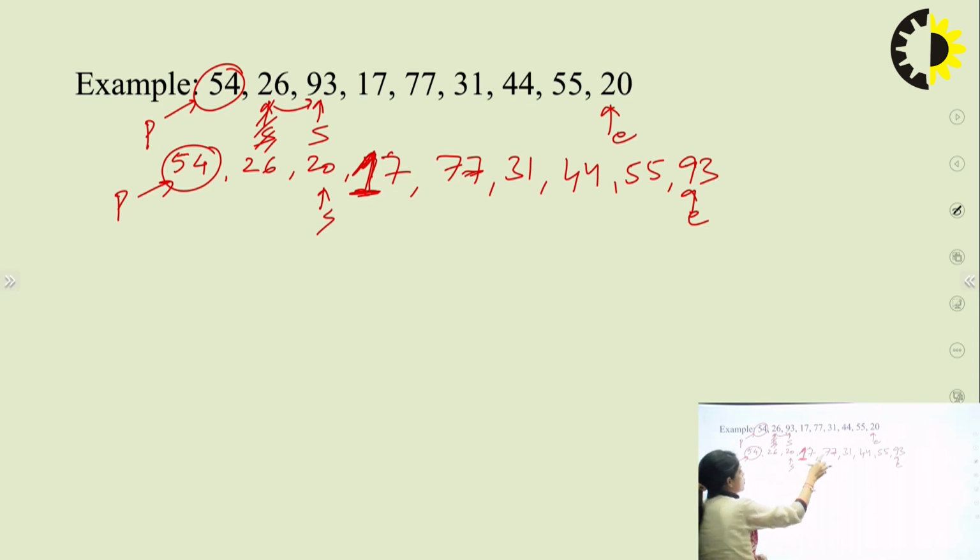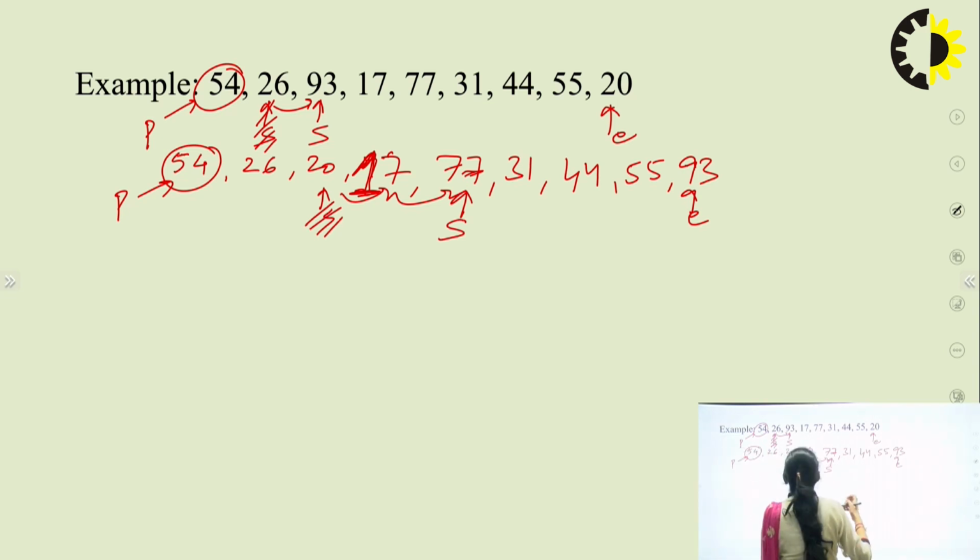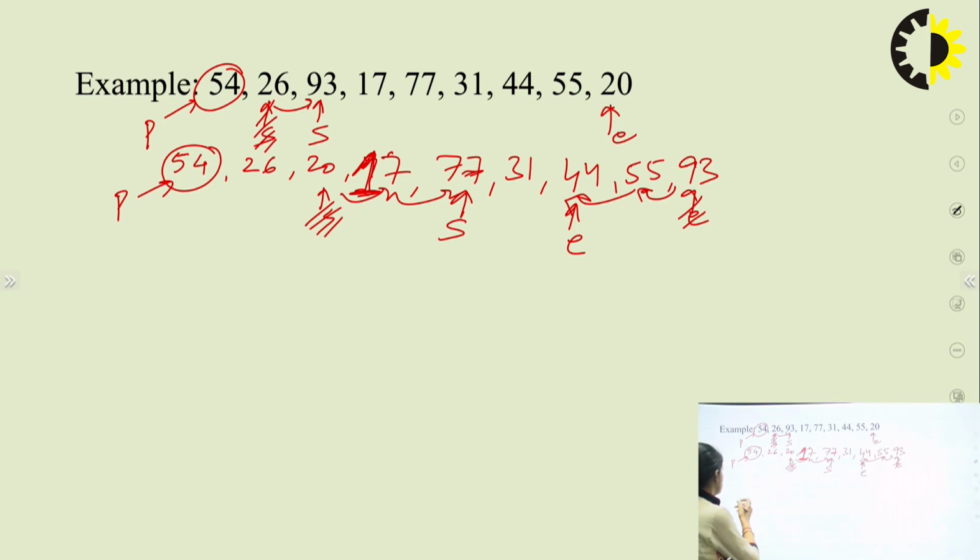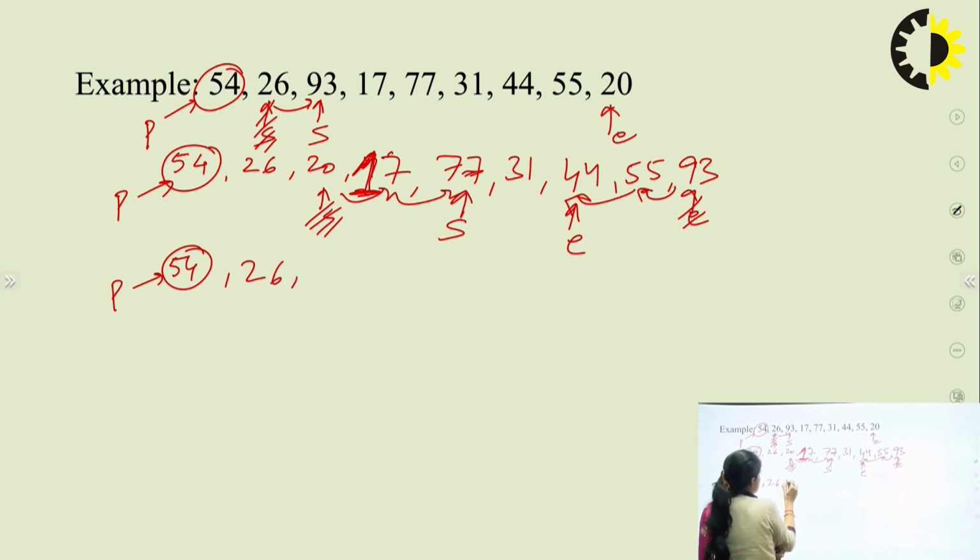It is smaller, it is smaller, it is smaller, it is larger. It will come here. It is smaller, it is greater, it is smaller. We will stop here. Swap these two. Pivot will remain here.